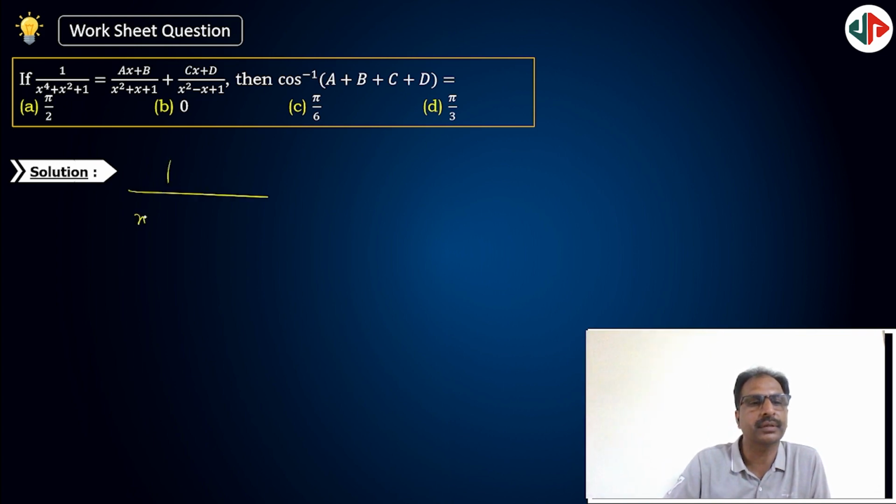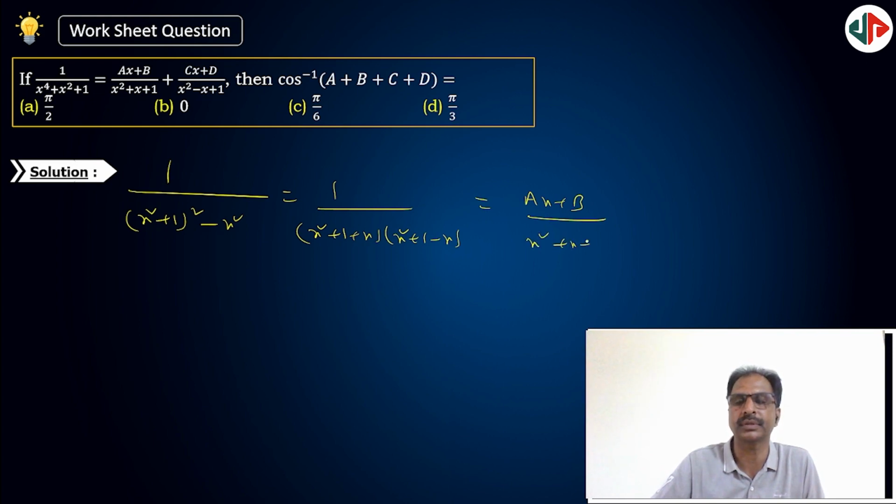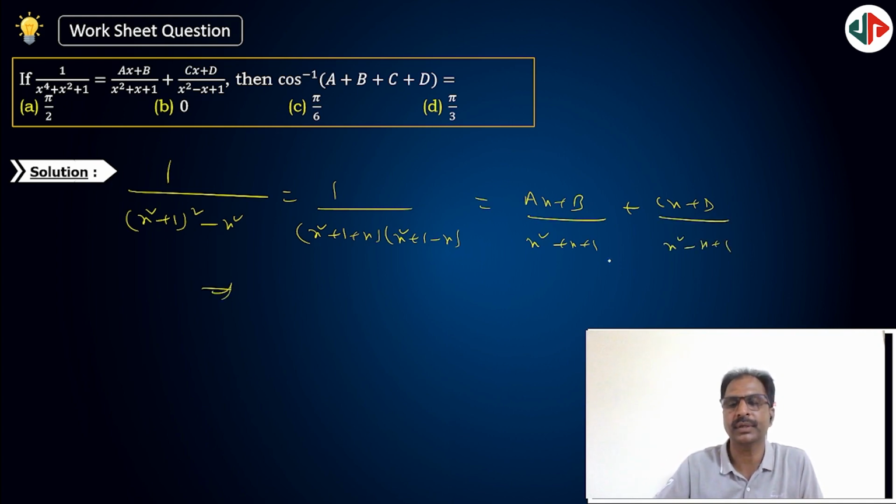So the left hand side denominator can be written like this: (x square plus 1) whole square minus x square. It is like a square minus b square, (a plus b) into (a minus b). Now, after taking LCM in the right hand side, that gets cancelled.